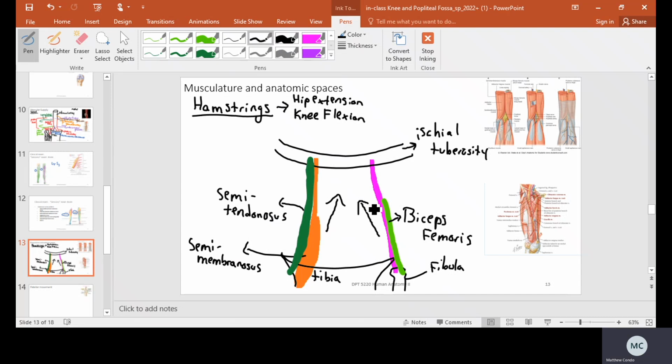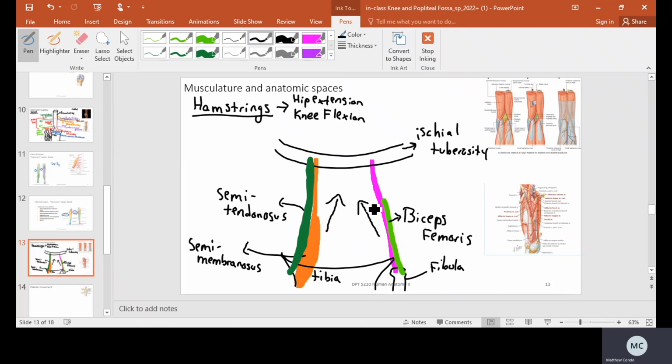Now, why is this important? It's important because you as a physical therapist are going to have to observe motion. That does not only mean observing large global motions like gait. It also means observing joint excursion.